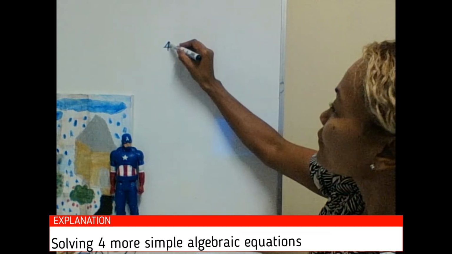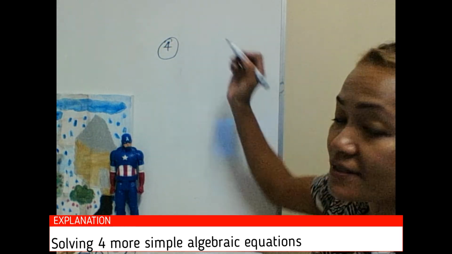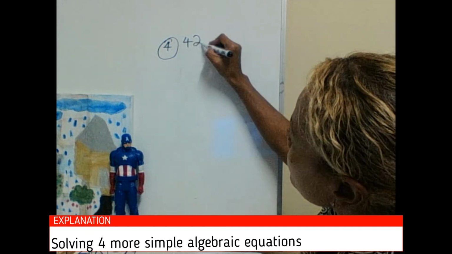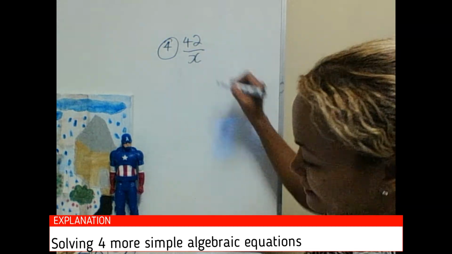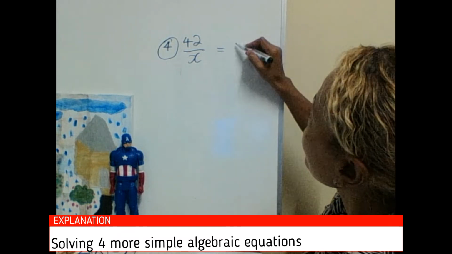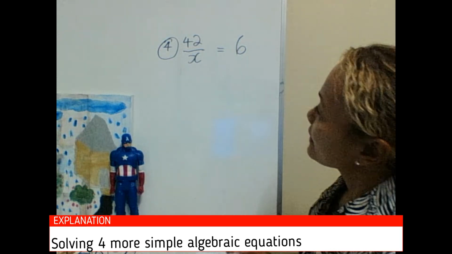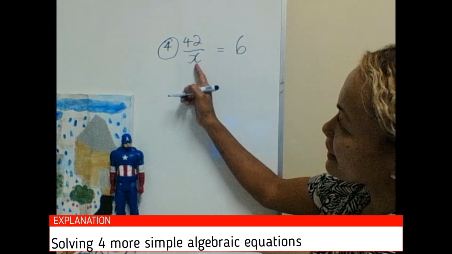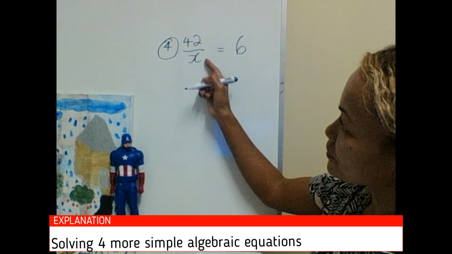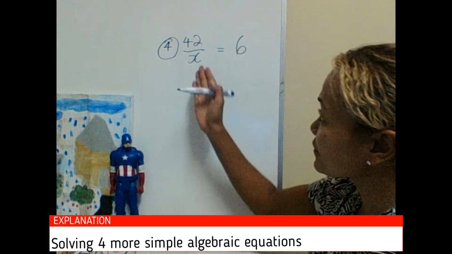And then the fourth example, which is using division. 42 divided by x is equal to 6. Now if it's divided by x, then I want to times it by x, right? So that I can get rid of the x from this side.